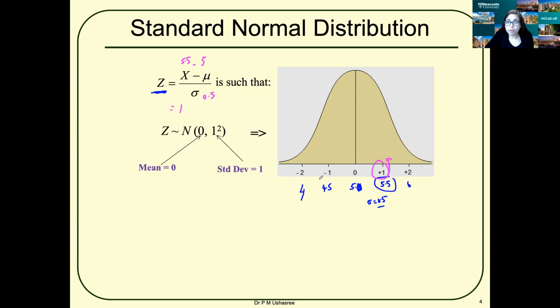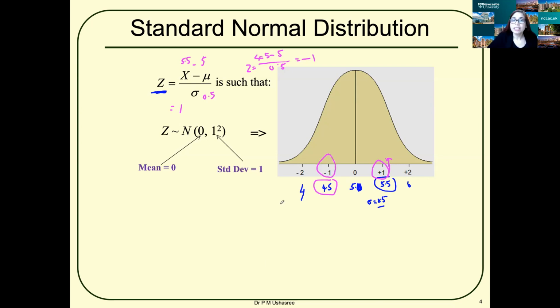If I substitute 4.5 here, I will get 4.5 minus 5, so that's going to be minus 1. The z value is going to be minus 1. Look at that. So the corresponding value is minus 1.